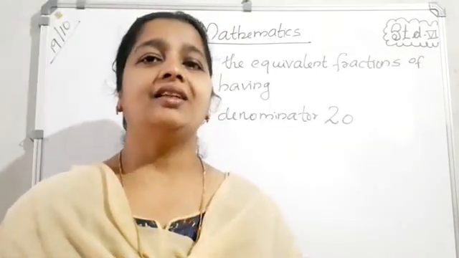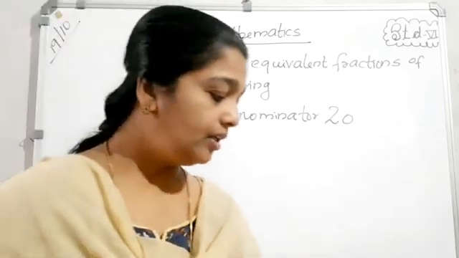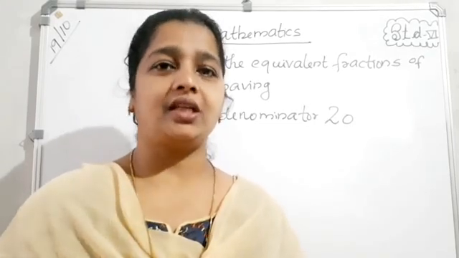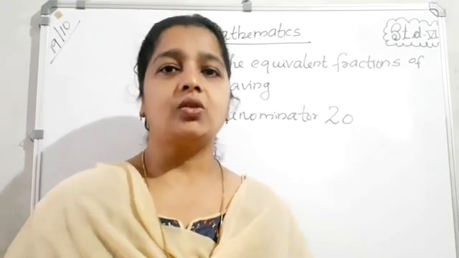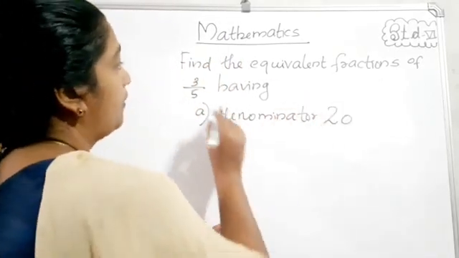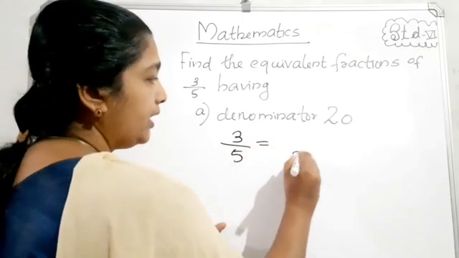Next question. Find the equivalent fraction of 3 by 5 having denominator 20. This is a very important question in examination time. Clear? So we can check. Find the equivalent fraction of 3 by 5 having denominator 20.